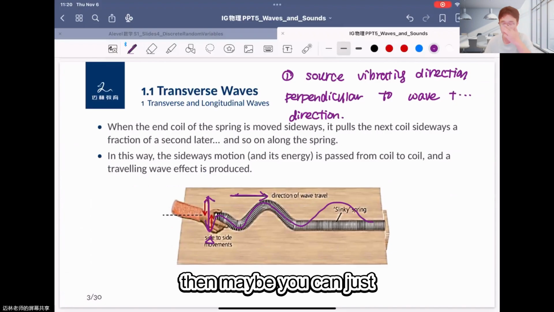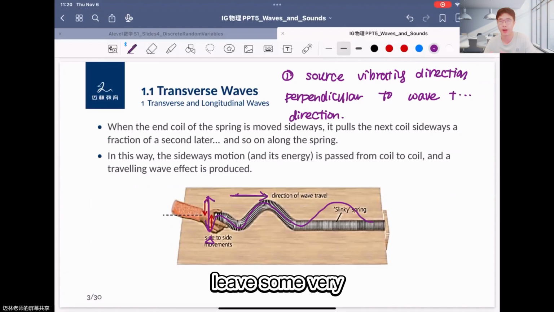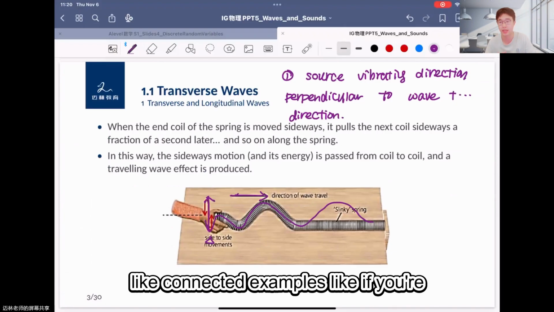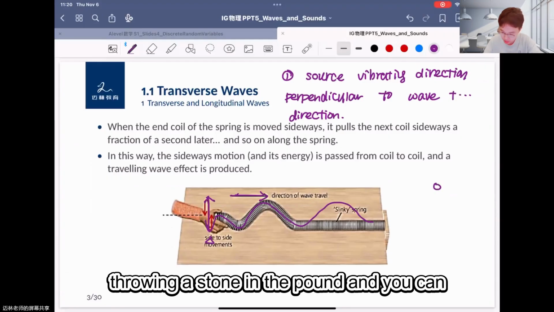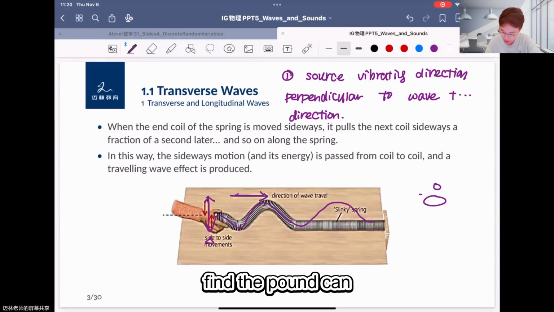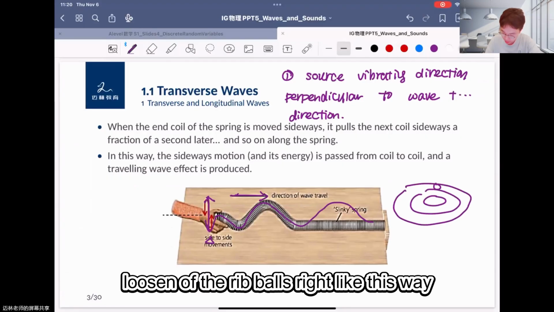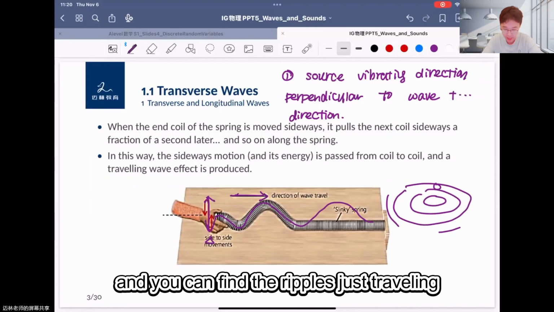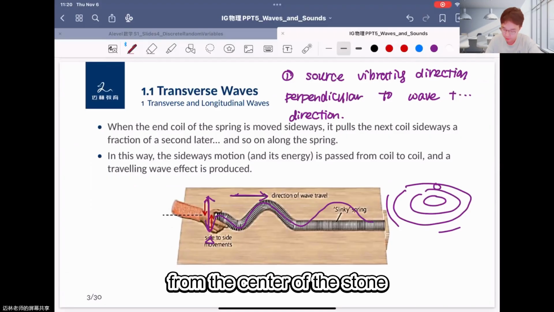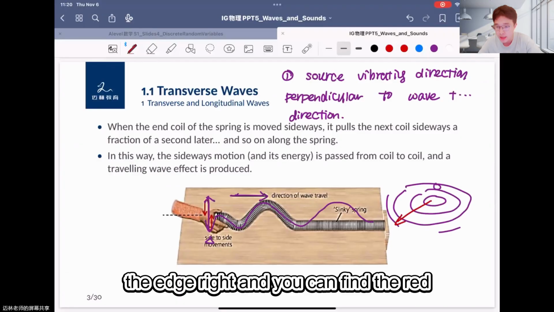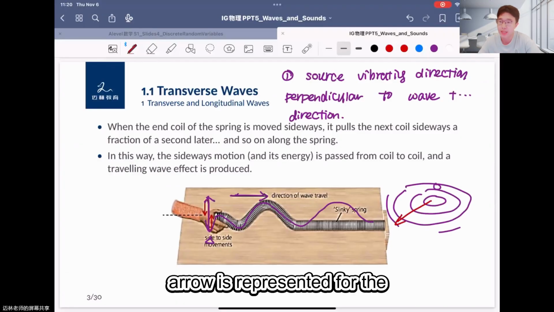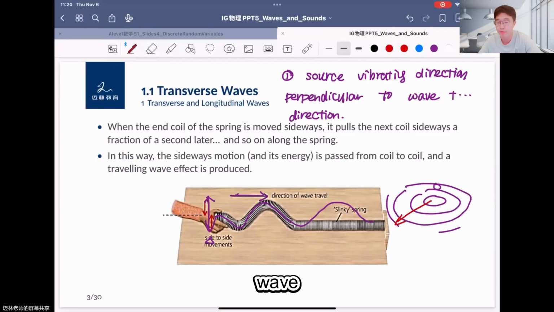So maybe you can list some connected examples. Like if you're throwing a stone in a pond, you can find the pond has loops of ripples, right? The ripples travel from the center where the stone hit to the edge, and the red arrow represents the wave traveling direction.